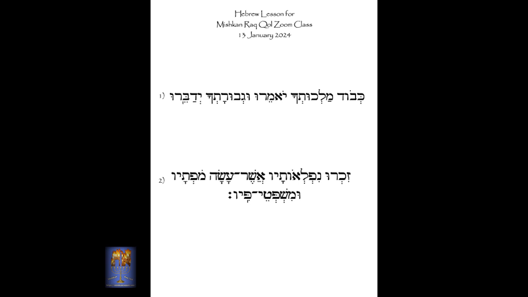All right. So again, we have the yud pointed with a vocal shva. We have the dalet pointed with a patach, da. Then we have a bet. This bet has a dot inside, so we know it's going to sound like a B, but can we also double this letter?